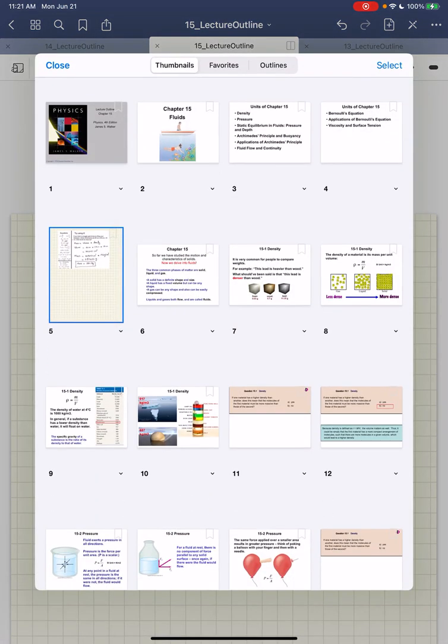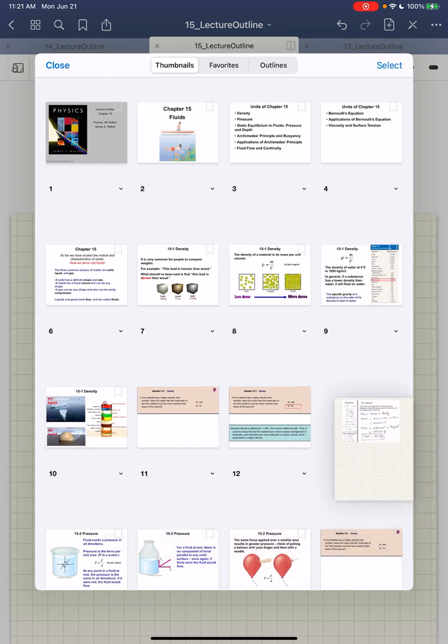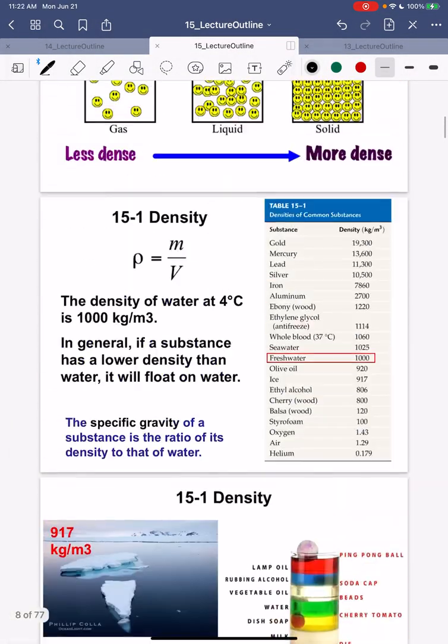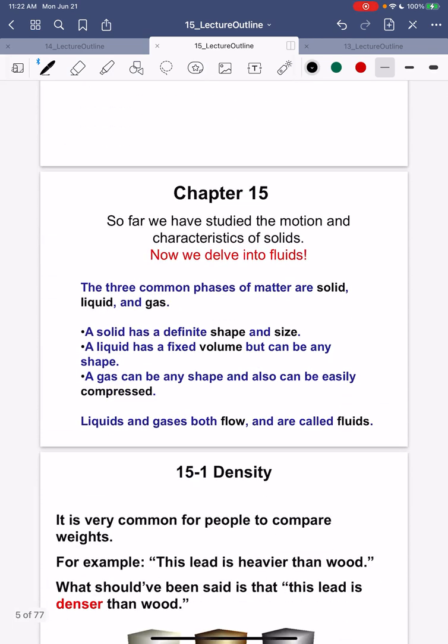Okay, now the first thing I want to talk about is density. Here, I need to adjust my slides. Okay, when we talk about chapter 15, we will now go into two of the phases that are characterized by the fact that they can flow.